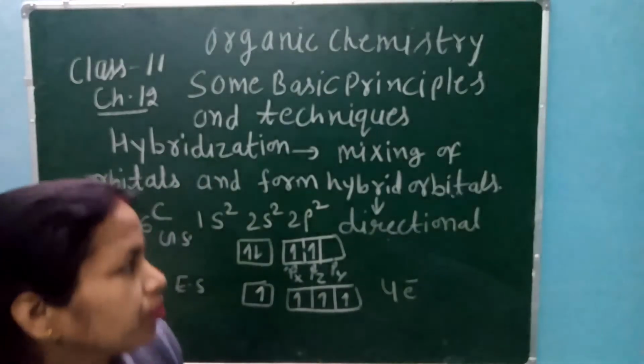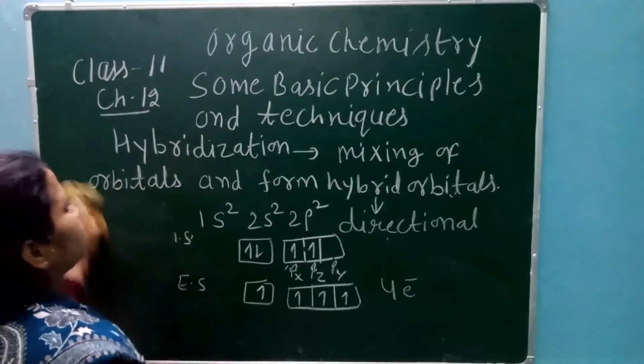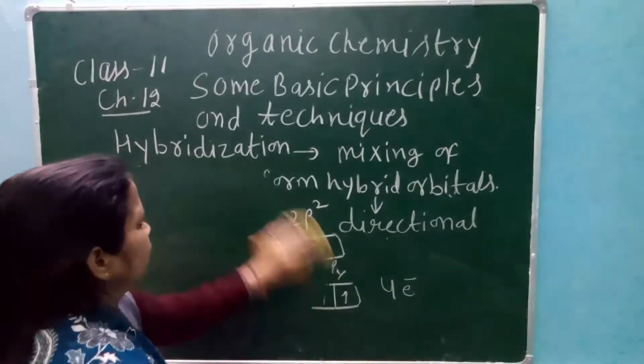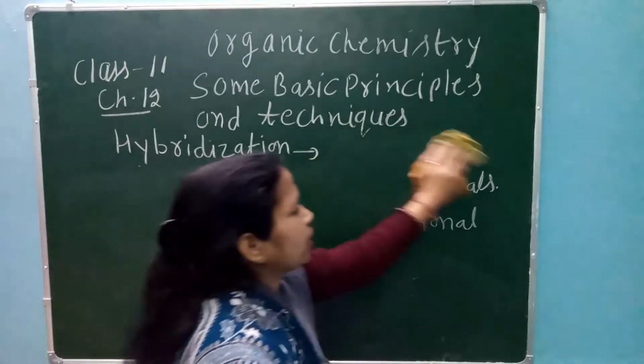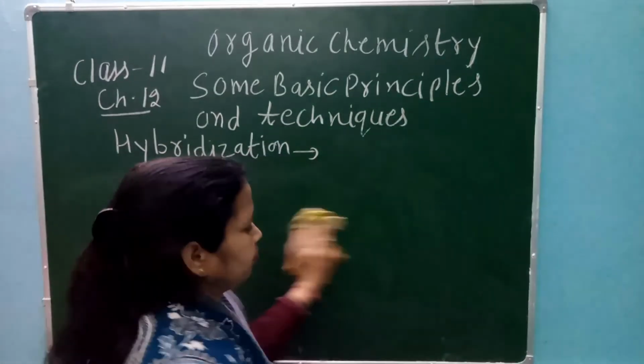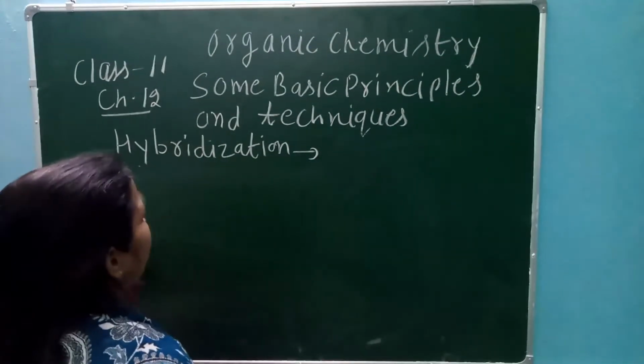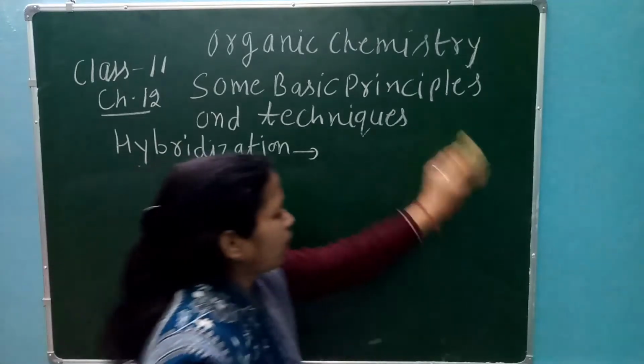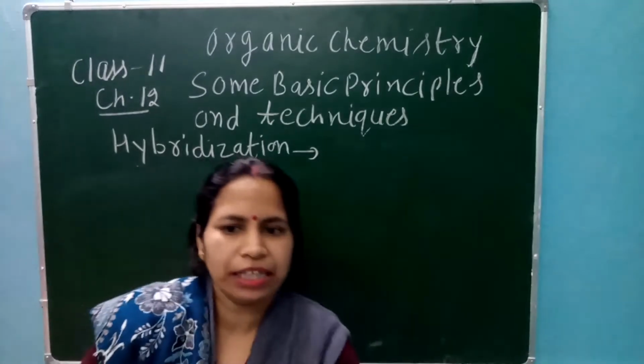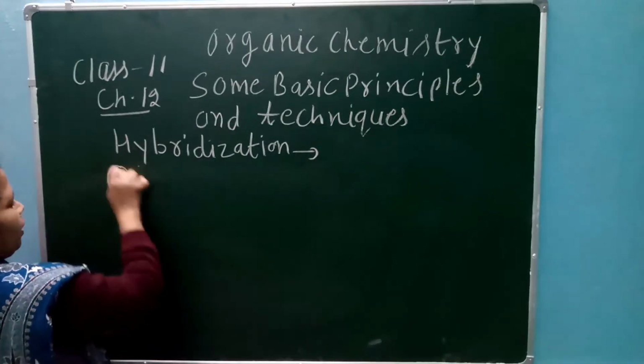नाउ वी आर टेकिंग एन एग्जांपल. फर्स्ट एग्जांपल एल्केन. Write down the first example of hybridization is alkanes.